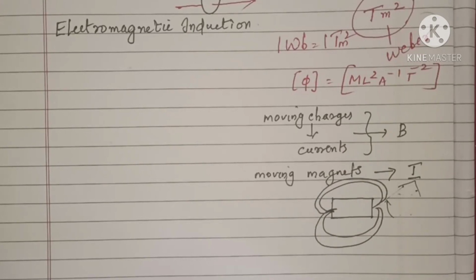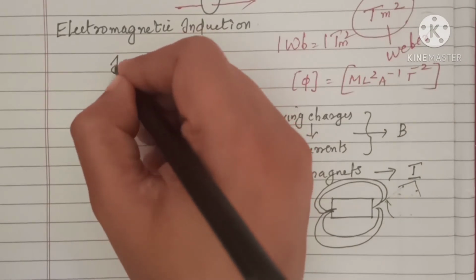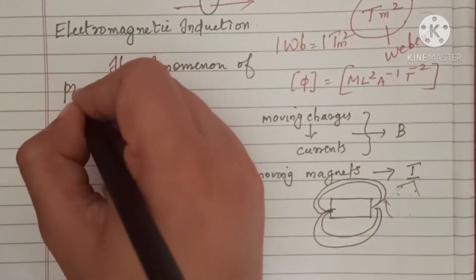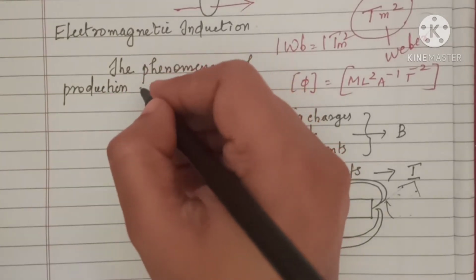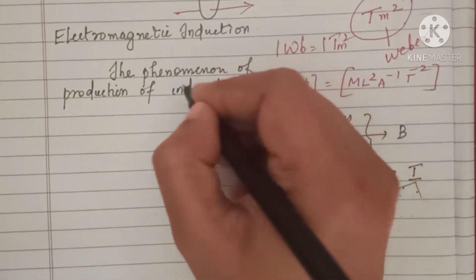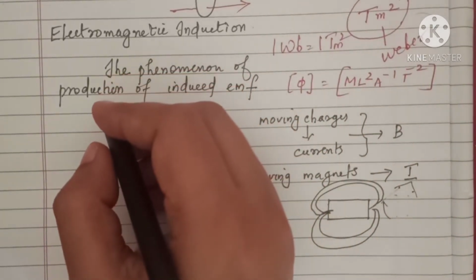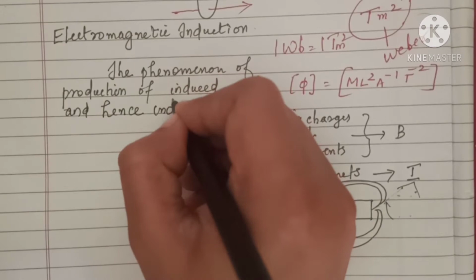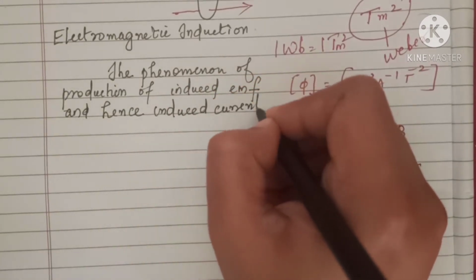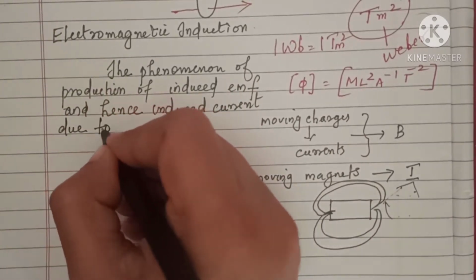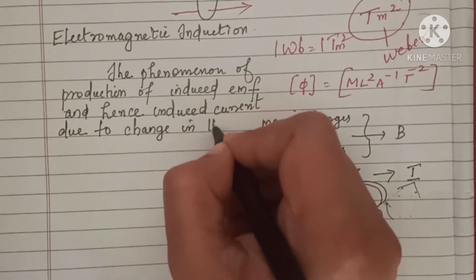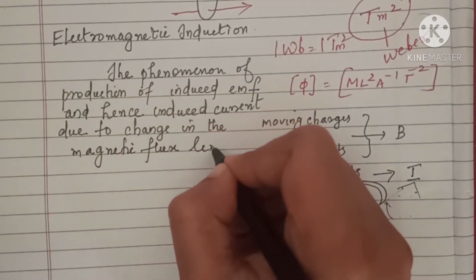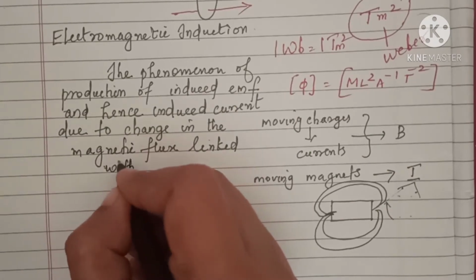So simply you can define electromagnetic induction as the phenomenon of production of induced EMF, and if EMF is there, surely current is there, hence induced current, due to change in the magnetic flux linked with a closed circuit.